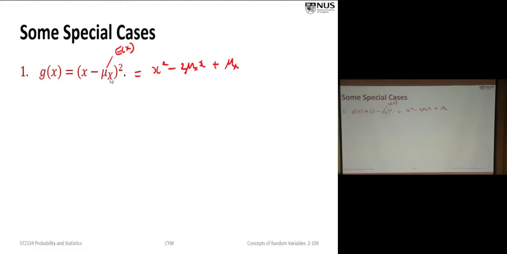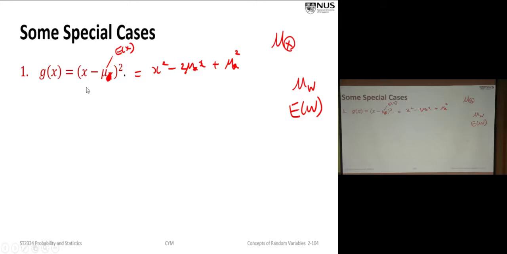If you find it confusing, I just drop the subscript x in mu x. I want to put an x there because I want to tell you that this mu is the expectation of the random variable x. If I write mu of w, then this means the expectation of w. Of course, I need to tell you what w means.